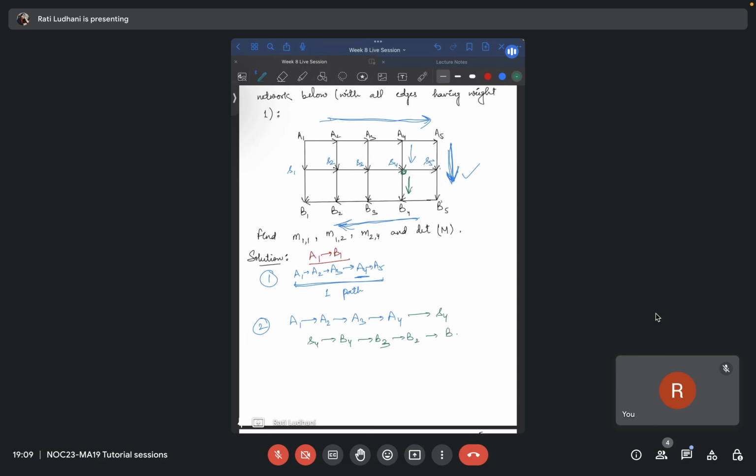There is one path. I'll write first, second, that is better. This is first, this is second, so this is one path. The second path is, you have reached S4, and from S4 you are looking where you can go.